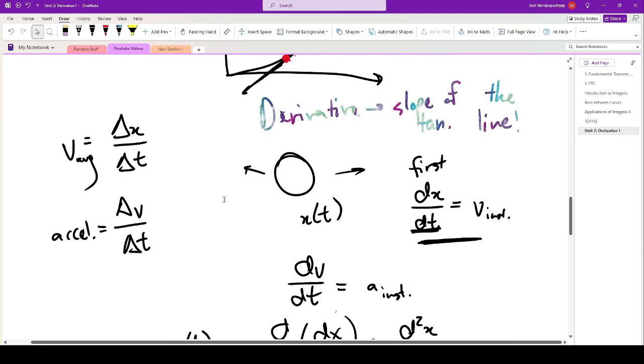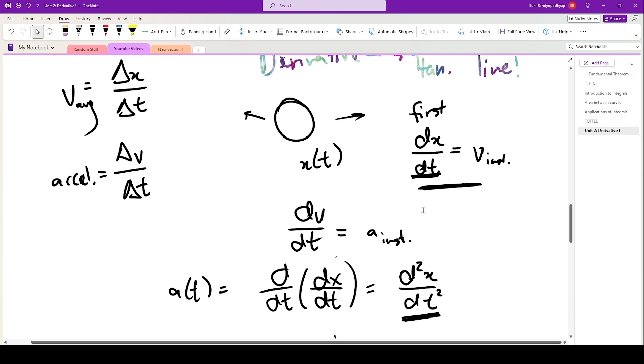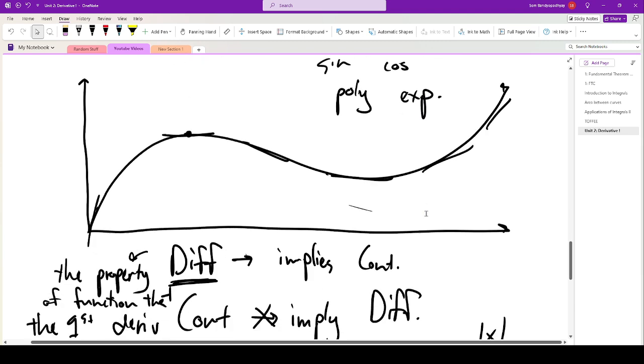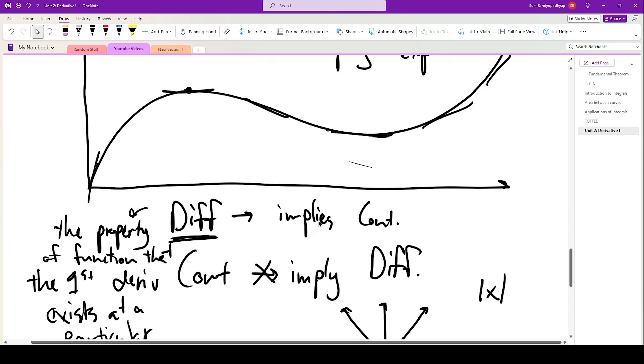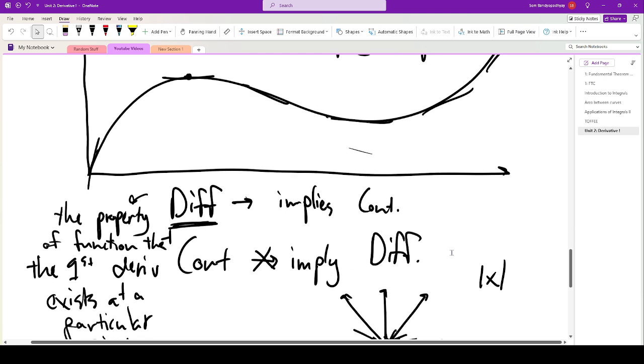Derivative of position is velocity. Derivative of velocity is acceleration. And the second derivative of position is acceleration. And finally, differentiability implies continuity at a point, but continuity doesn't necessarily imply differentiability.